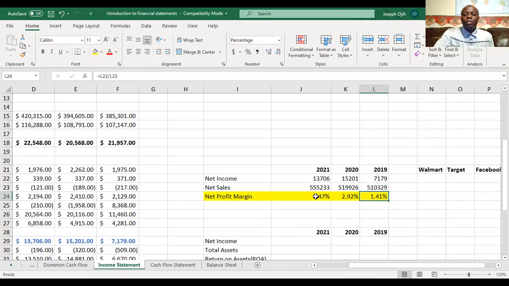How do you interpret it? For 2021, Walmart generated 2.47% profit from their trading operations. In 2020, they did generate 2.92% of profit from their trading operations.